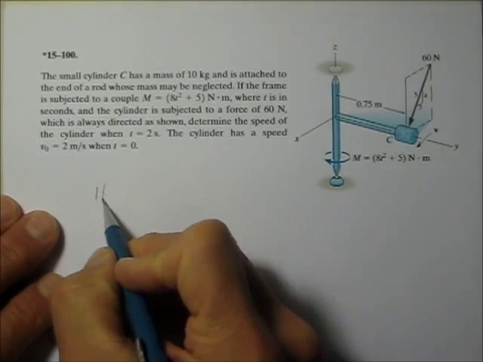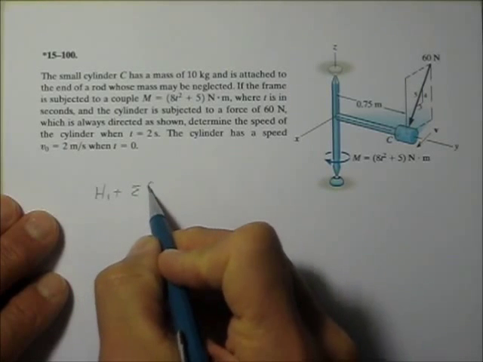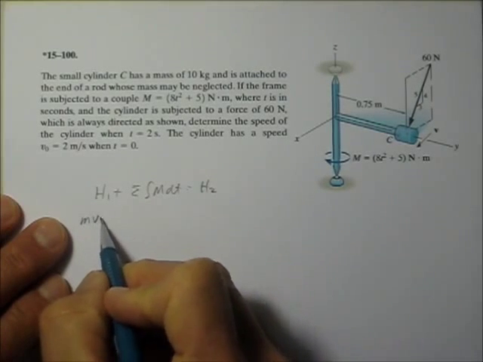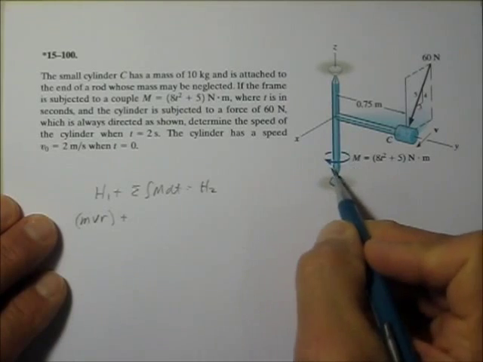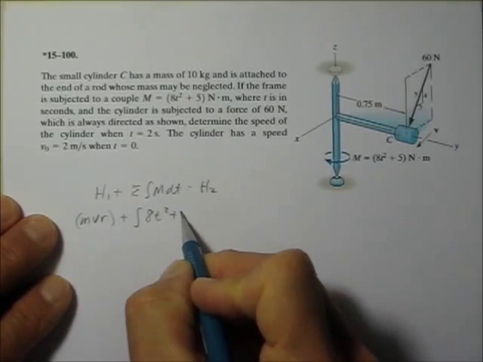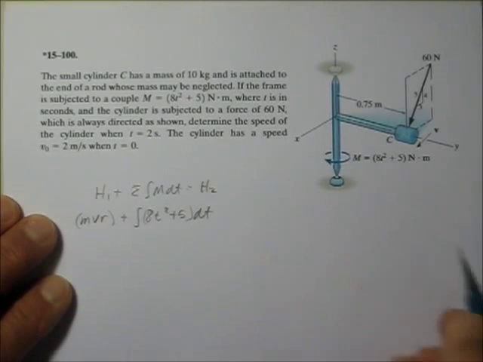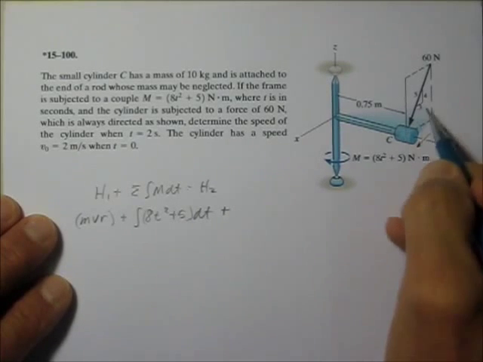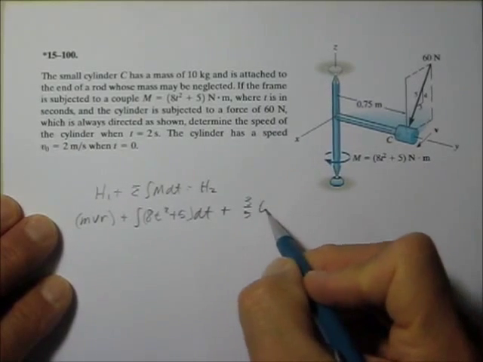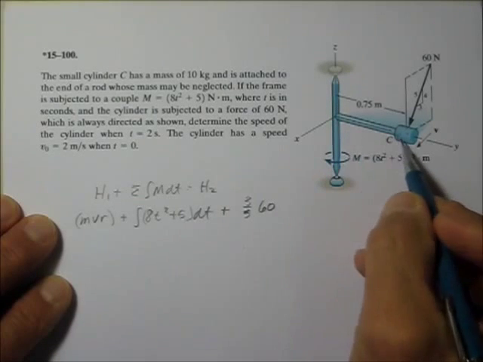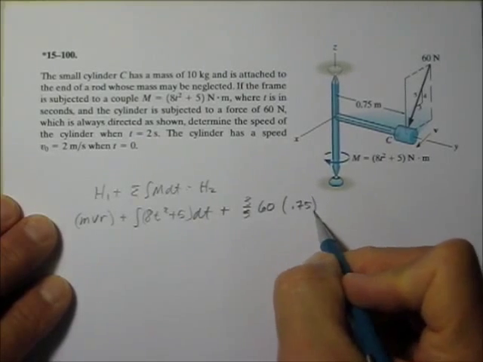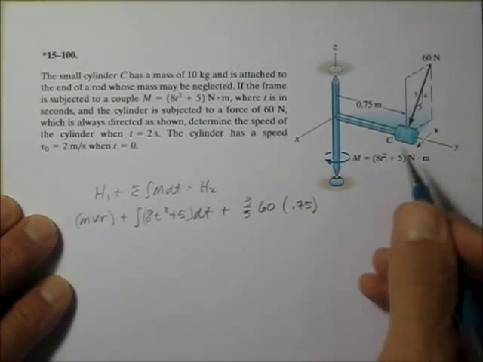So let's say that h1 plus the sum of the integral of M dt is equal to h2, and h1 would be mvr plus the moment, the integral of 8t squared plus 5 dt, plus the 3/5 component, so 3/5 of 60 times the lever arm, which would be 0.75, and then the time is 2 seconds.